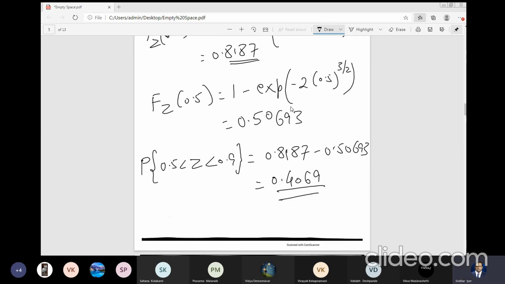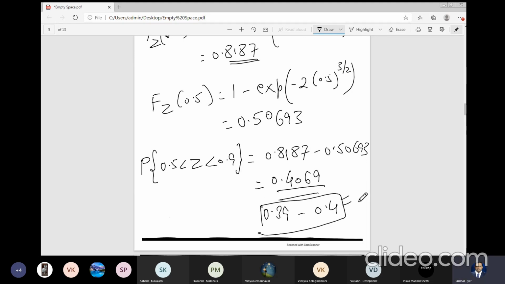There will be some approximation because it's an exponent. Let us see what we get. If it's around 0.39 or something, it's okay. Somewhere between 0.39 to 0.4 is okay.